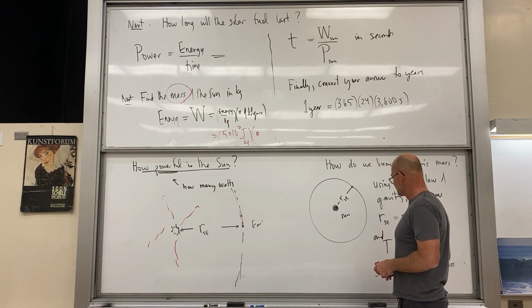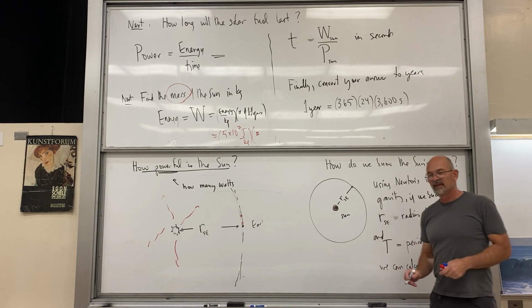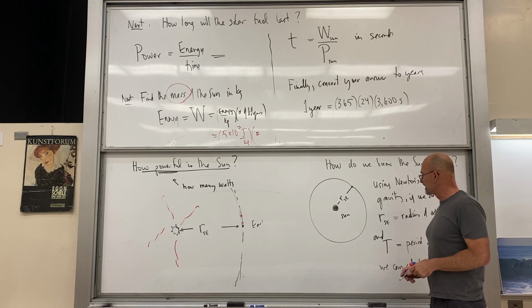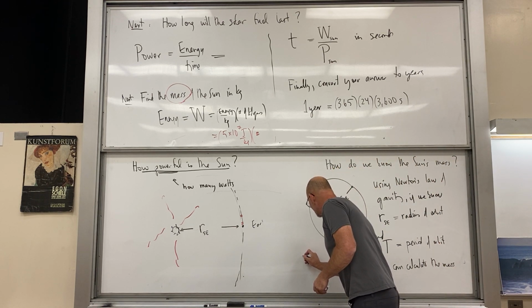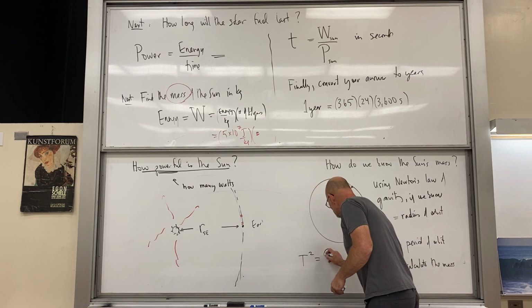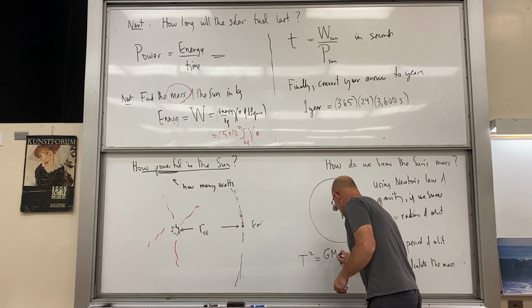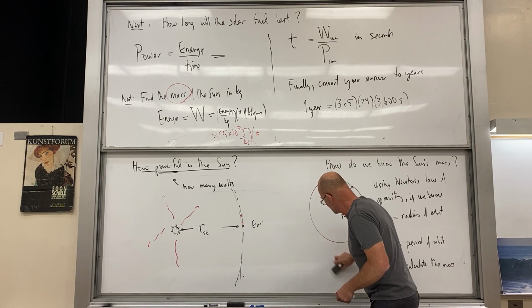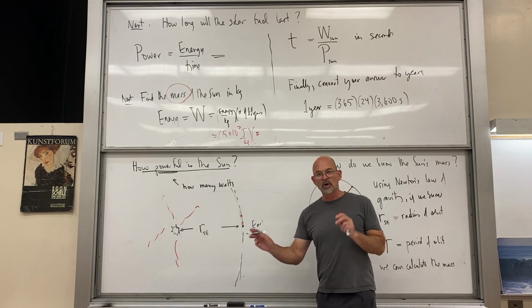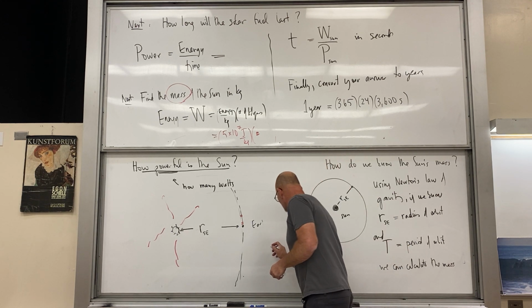I don't have that off the top of my head. I think I do. It goes like this. T squared is equal to G M. I've got to do a quick little derivation. That's just the way it goes.